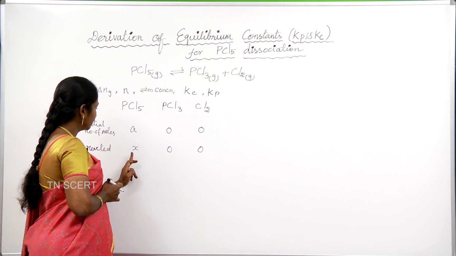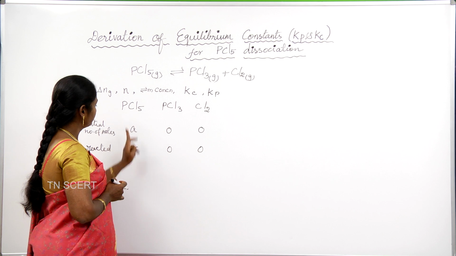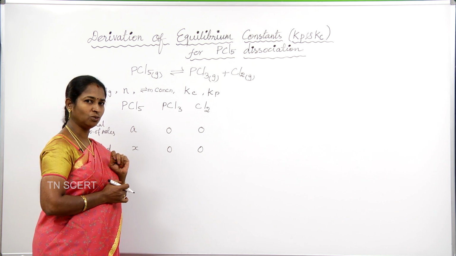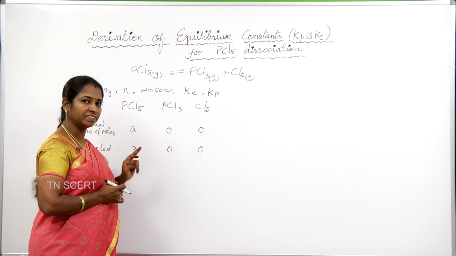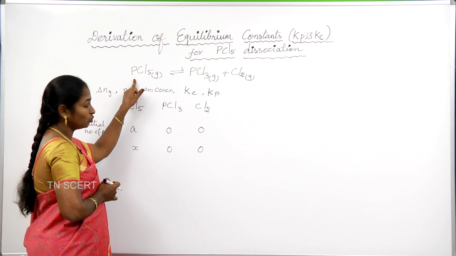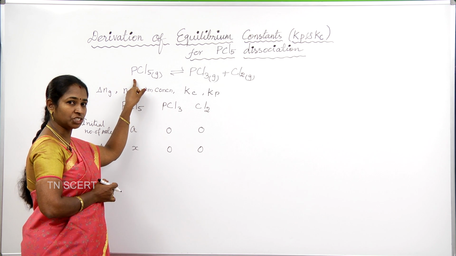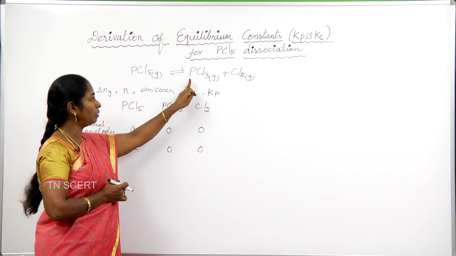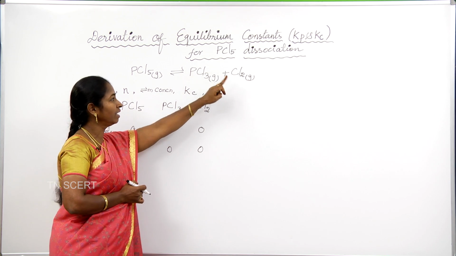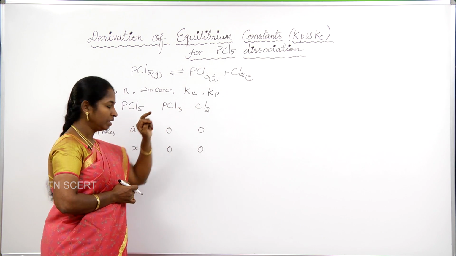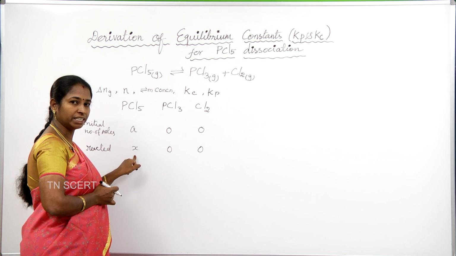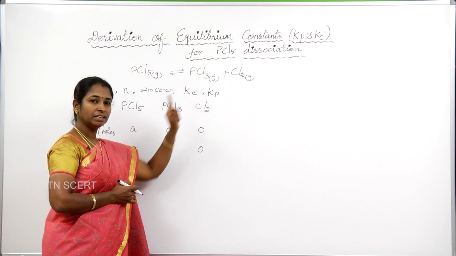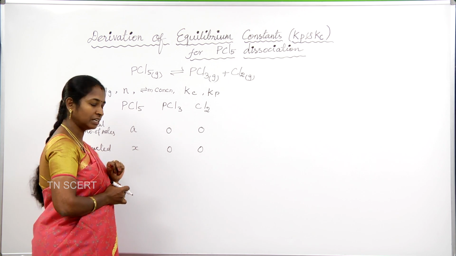So, here this X moles of PCl5 reacted to form PCl3 and Cl2. How many moles will be formed by this reaction? According to our equilibrium equation, 1 mole of PCl5 reacts to form 1 mole of PCl3 and 1 mole of Cl2. If X moles were dissociated, X moles of PCl3 will be formed. Similarly, X moles of Cl2, is it not?